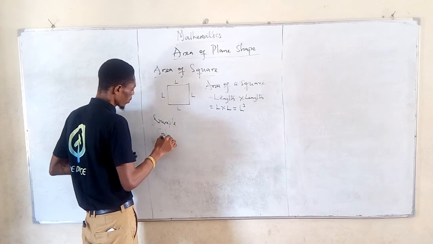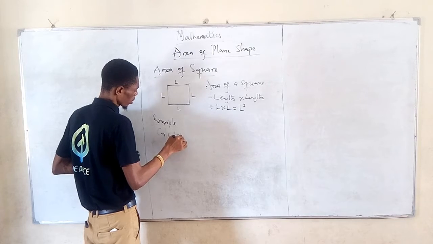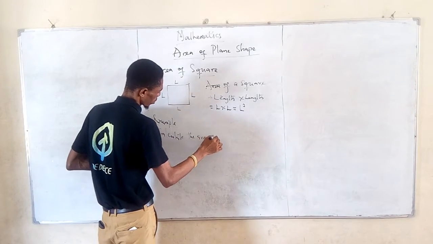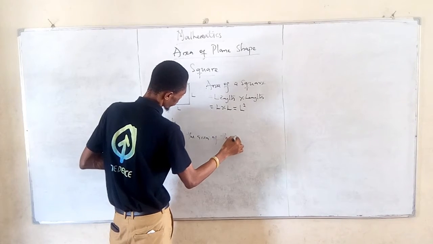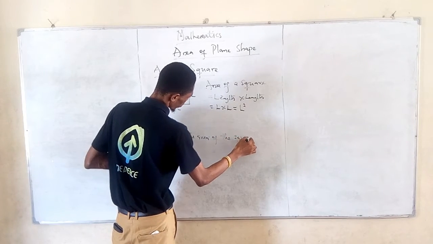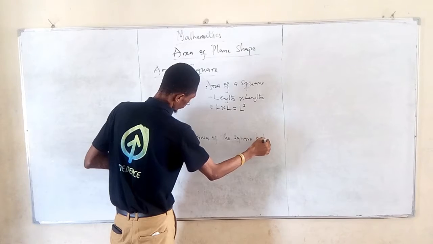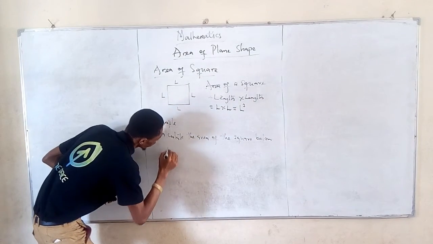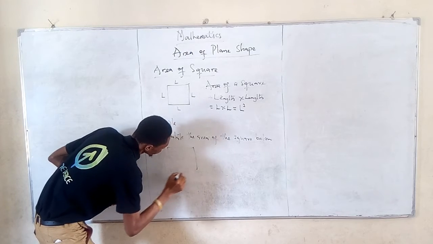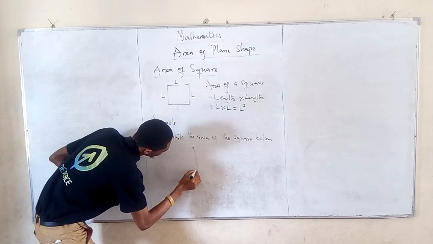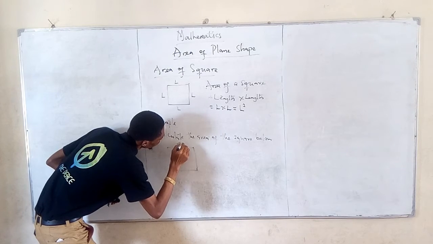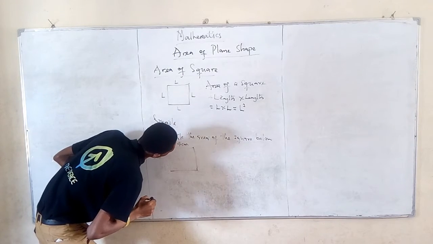Calculate the area of the square below. If this is our square, and here is 4 centimeter.